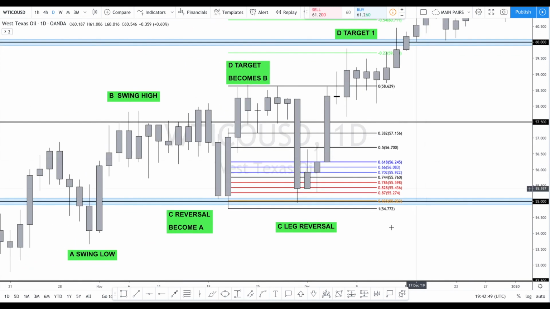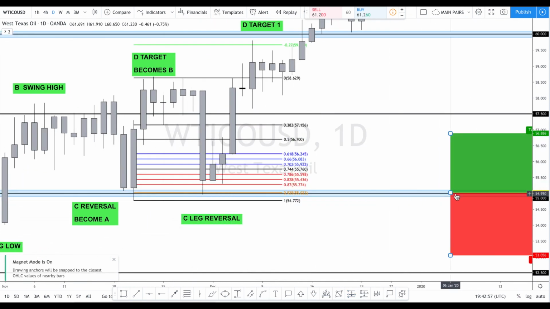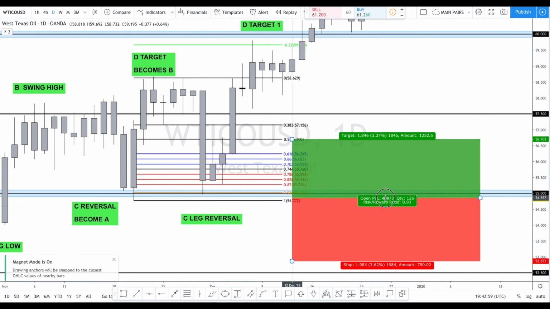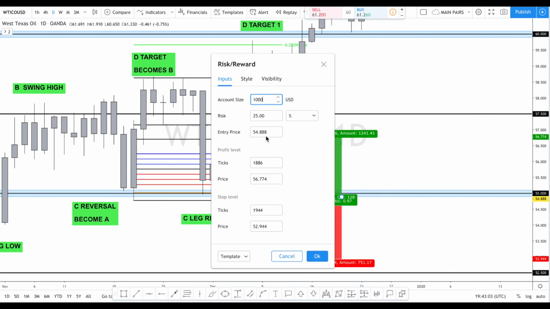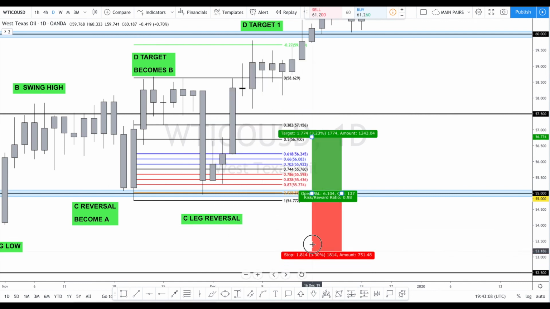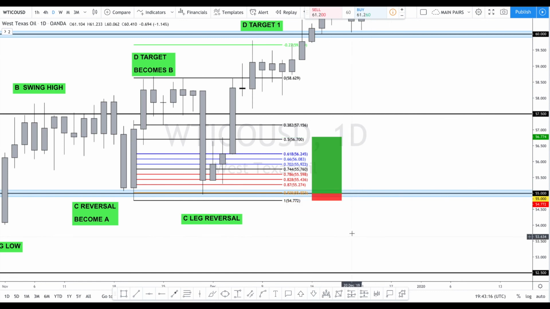So look at the risk and reward, just to show you what is possible. If you went long at 93.5, your trade setup is still valid, and that's what you need to understand. The closer price gets to your invalidation, the better. Your entry point is at 55. Your stop loss needs to be 54,772 if you want to be very precise.